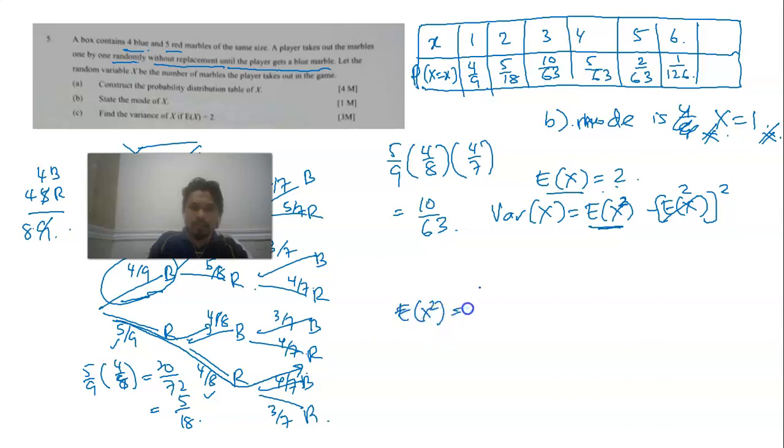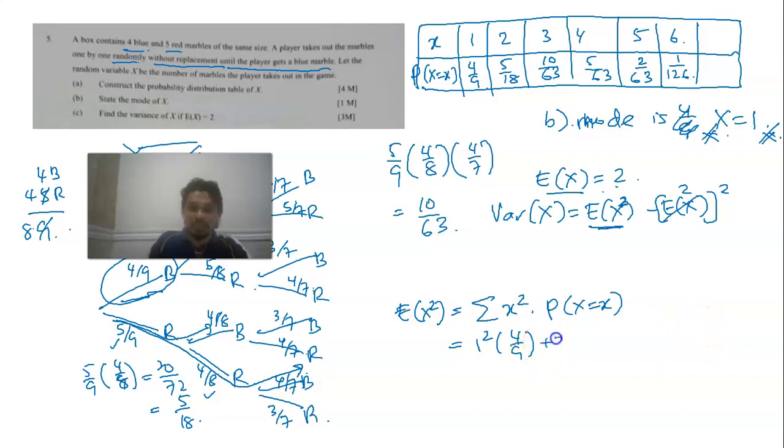E(x squared) is the summation of x squared multiplied by the probability of x. So it is 1 squared multiplied by 4 over 9. For this case, we write down all the multiplication first and then use the calculator to find the answer.